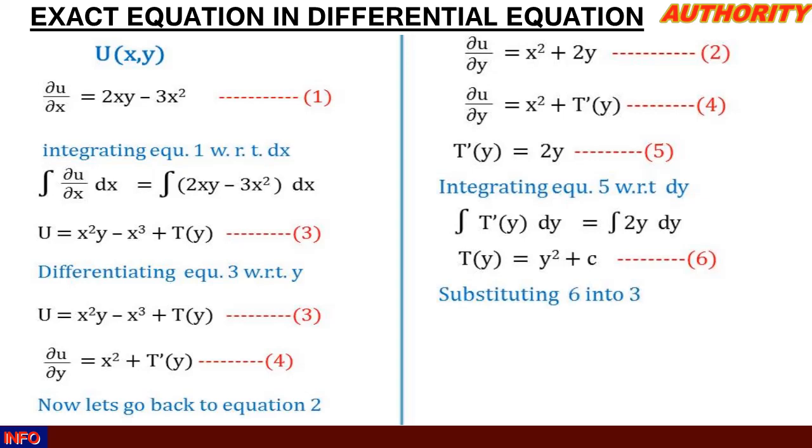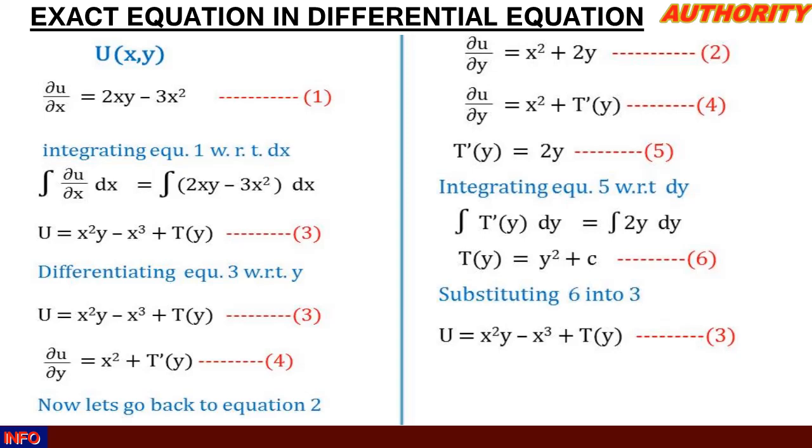Equation 3 is where we have the original function, u of x. So in equation 3 we have u is equal to x squared y minus x cubed plus t of y. And here we know what t of y is, so we will substitute equation 6 into equation 3, because now we have solved and obtained what t of y is.